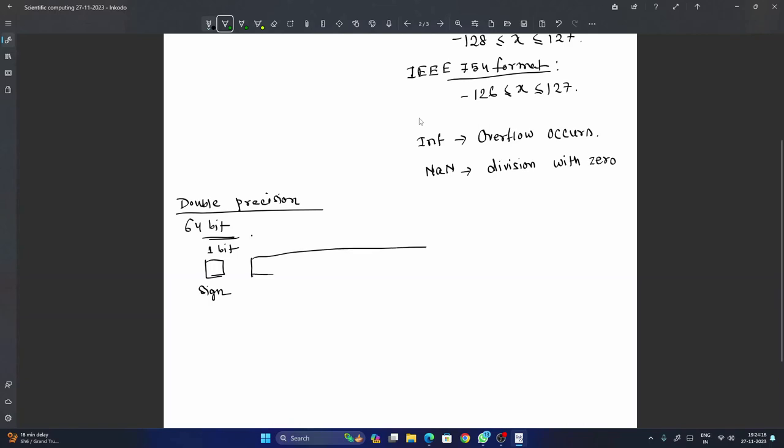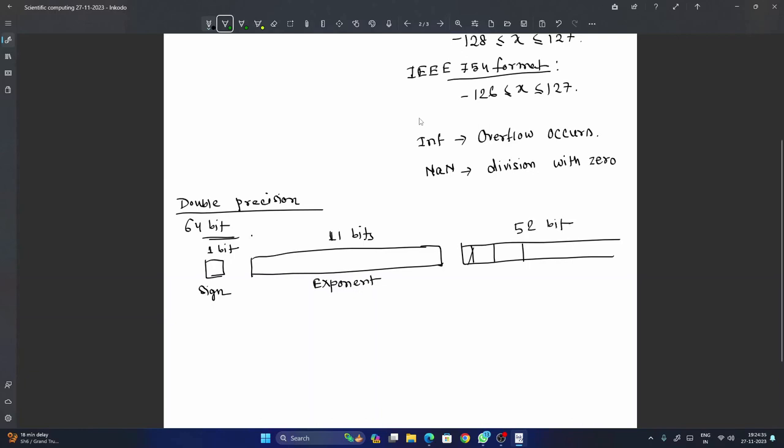Then after that, total 11 bits are reserved for the exponent, and the remaining, I think 52 bits, are for the mantissa.